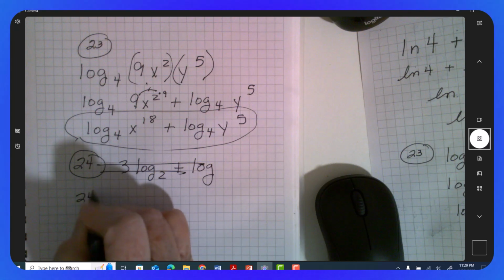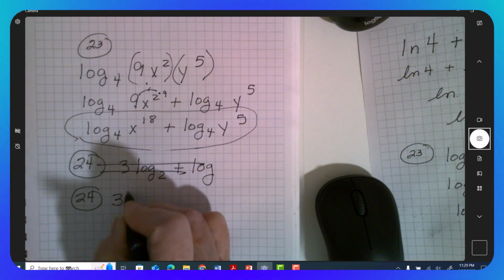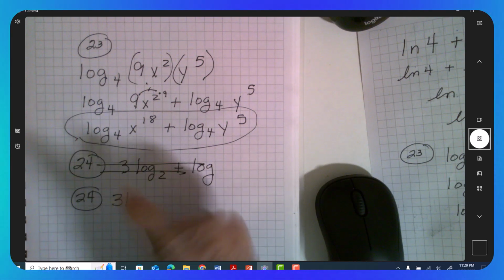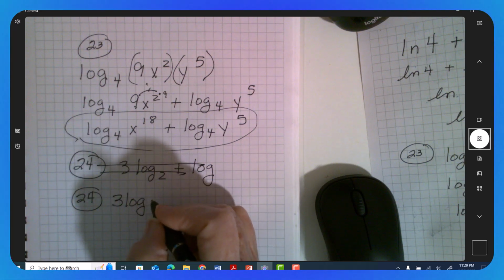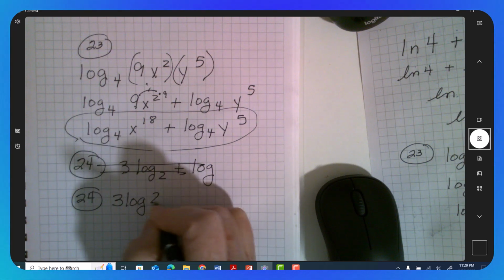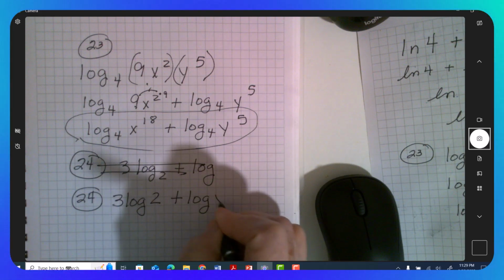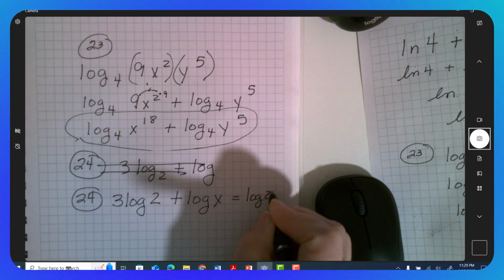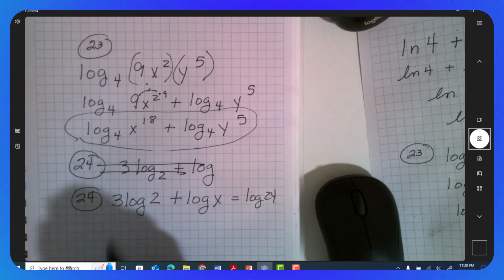All right, 24 is 3 log base 10, not the natural log, the common log. So 3 log 2 plus log x equals log 24. So again, if the base is not written, it's base 10.